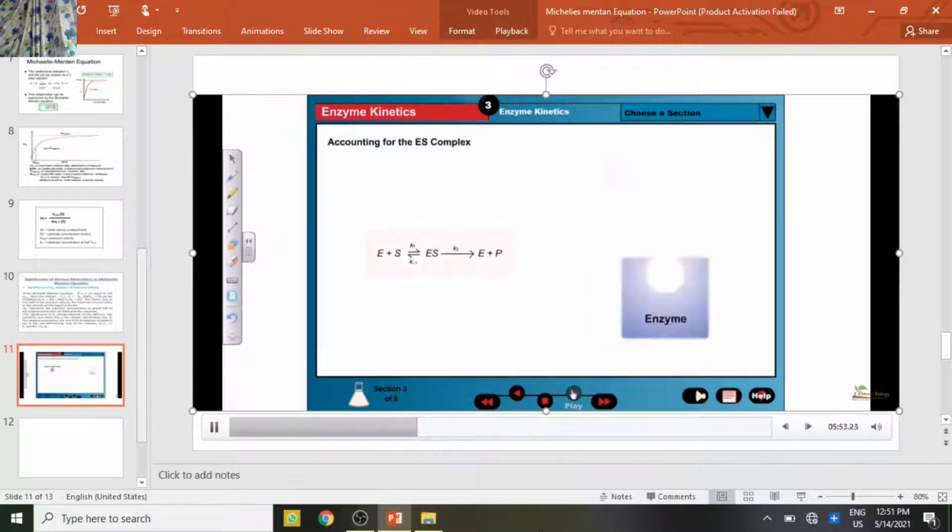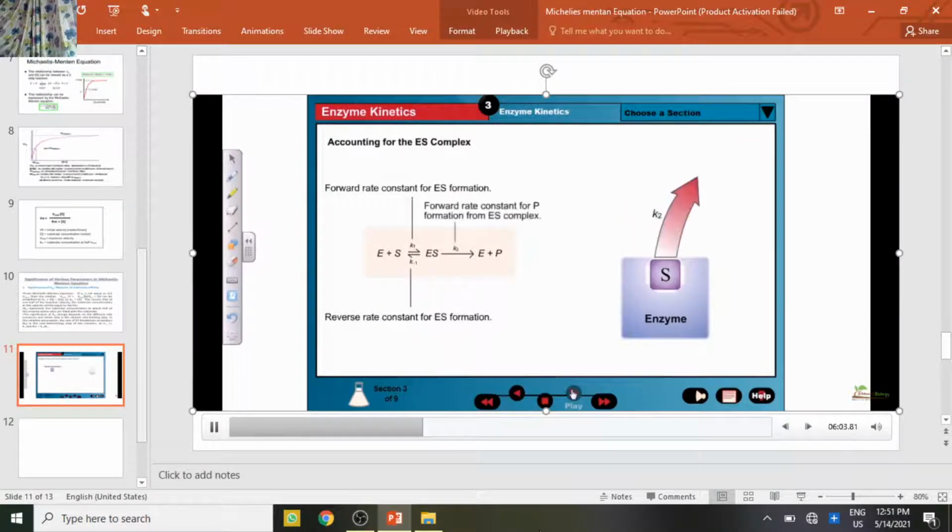The rate constants K1 and K-1 are the forward and reverse rate constants for the formation of the ES complex, and K2 is the rate at which the ES complex converts the bound substrate into product. Notice that in order to simplify this model, we assume that the product formation step is irreversible. That is, there is no K-2.